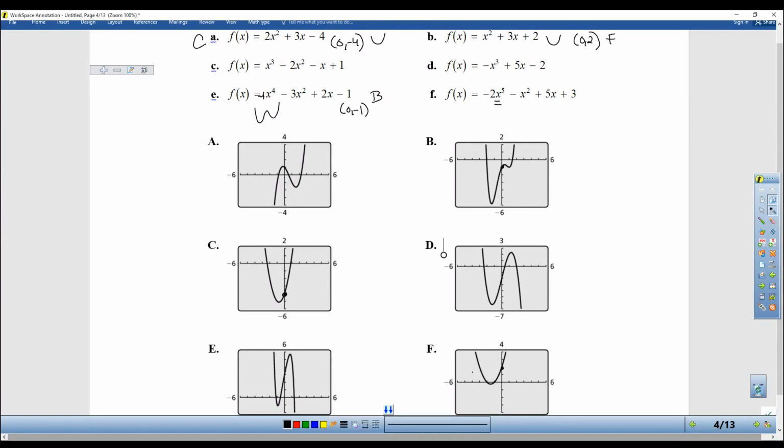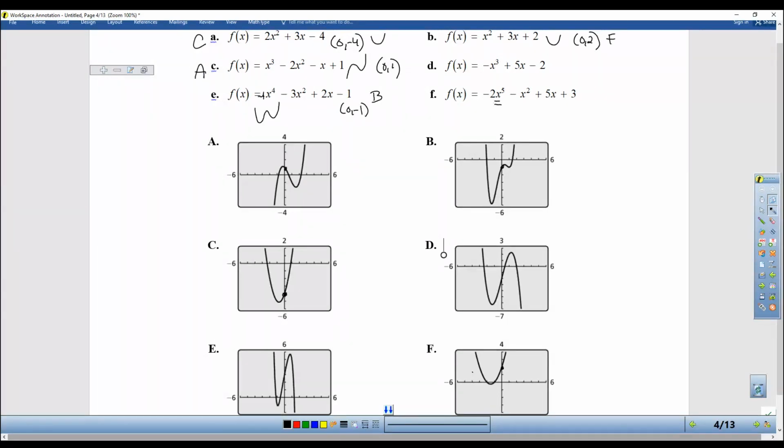This one is definitely going to end up and has a y-intercept of (0, 1), where these two are going to end down. So I look for my cubic that ends up, and I see that it's A, and it does cross at (0, 1).